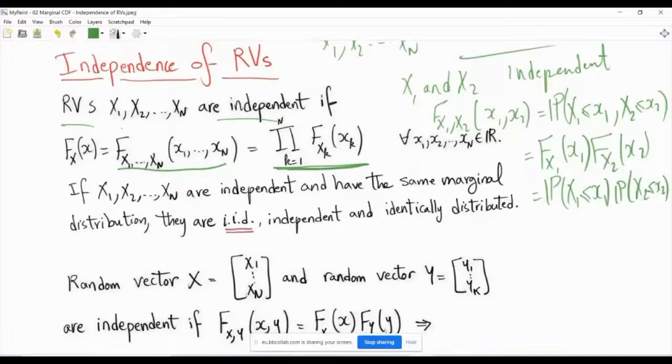So it's not just that we can write the joint CDF as the product of the marginals, but actually the marginal CDF of each of the random variables is exactly the same. And so in that case, we talk about random variables that are IID, independent and identically distributed.